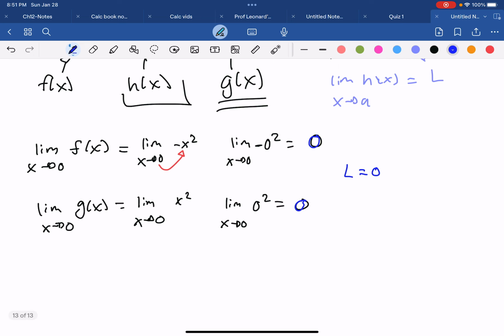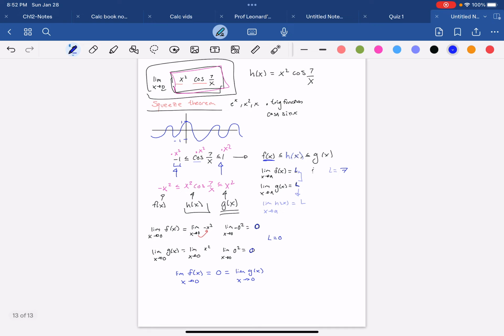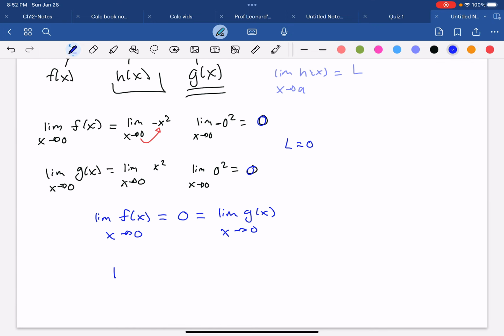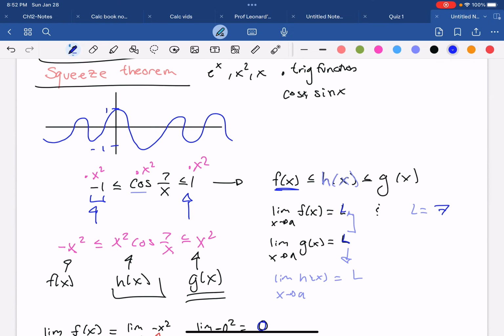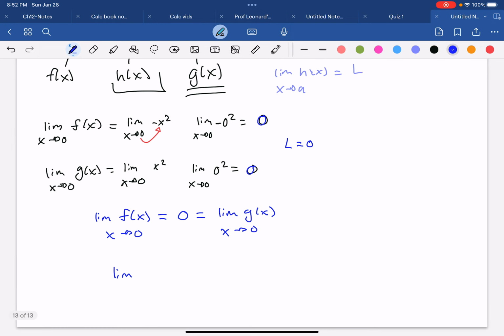What we see is that the limit of our f of x as x approaches 0 is equal to 0, which is also the same limit we found for our g of x as x approaches 0. So now, by the squeeze theorem, we can say that the limit of our h of x as x approaches 0 is going to be equal to 0.